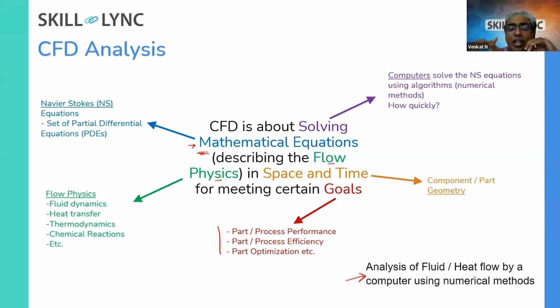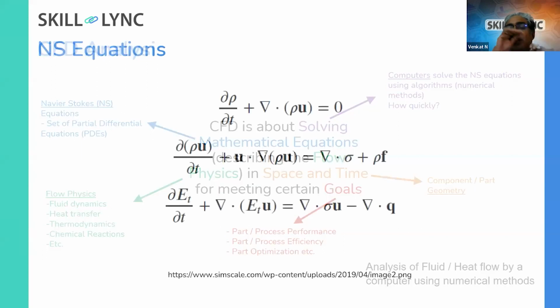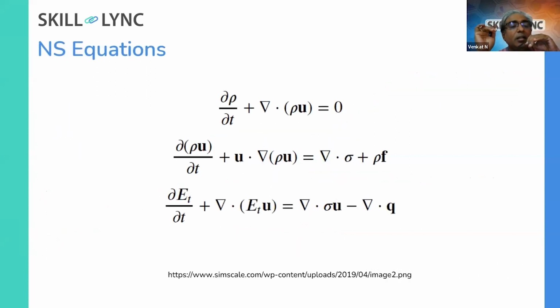It can be efficiency, it can be performance, it can be optimization, right? So this is what CFD or computational fluid dynamics is all about, right? So now we'll try to look at these NS equations, Navier-Stokes equations, right? These are the governing equations for our flow simulations. Okay.